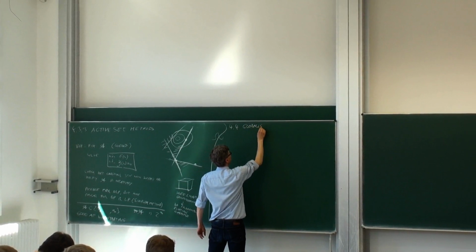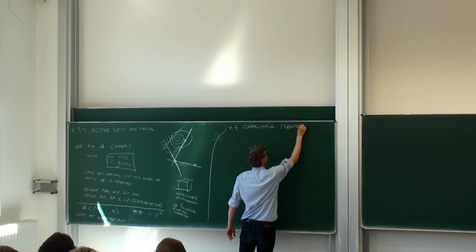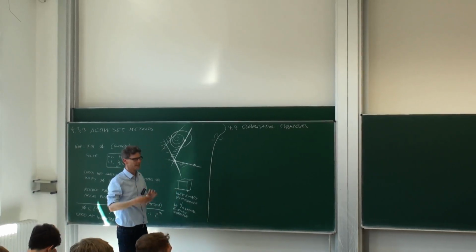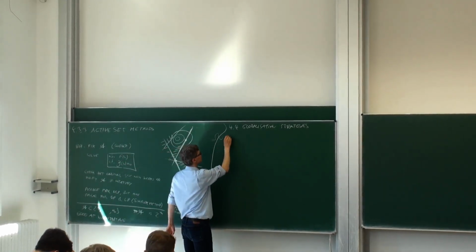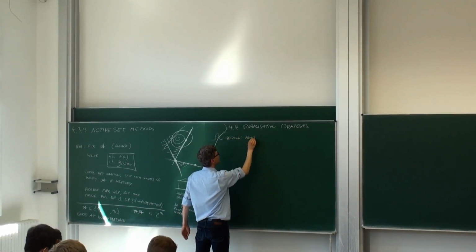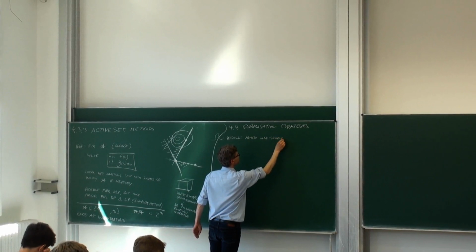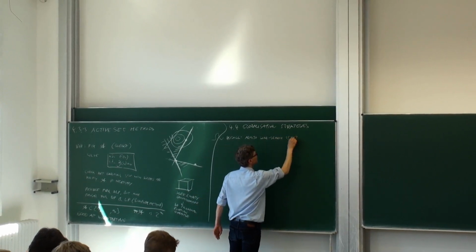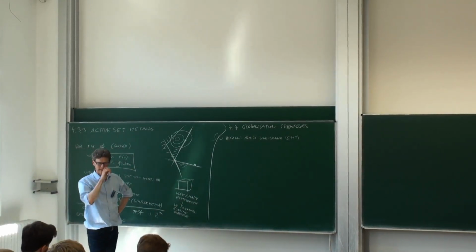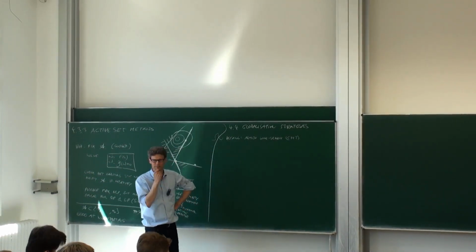Globalization strategies: I mentioned already in the Newton's context that we can do a kind of line search to make steps shorter, and we can have a criterion for descent that you remember, recall Armijo line search. So that's what we had already in chapter 2. And I just wanted to tell you that this idea of globalization can be generalized to inequality and equality constraint optimization problems.